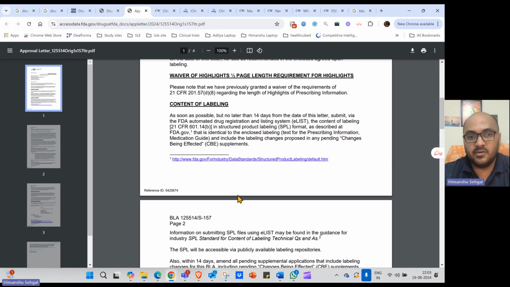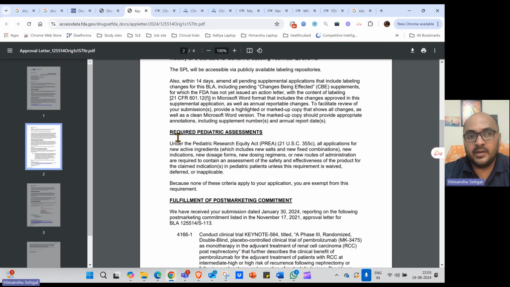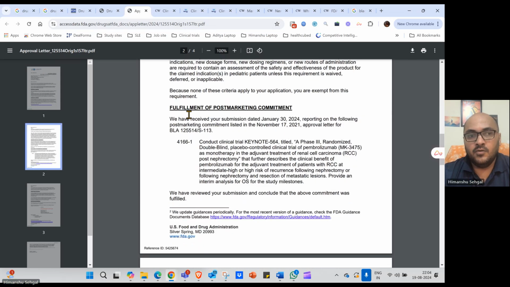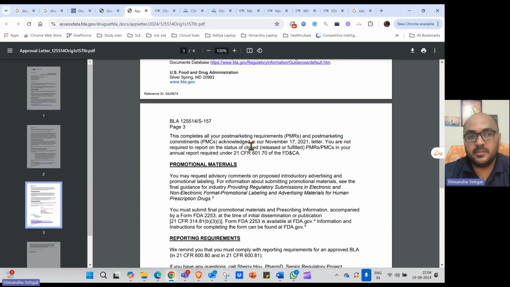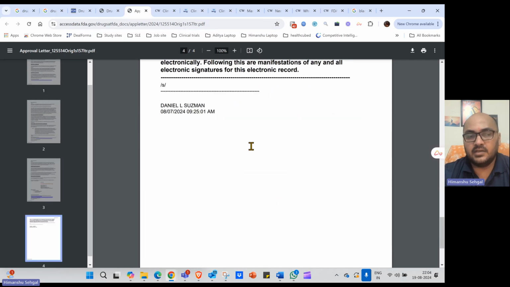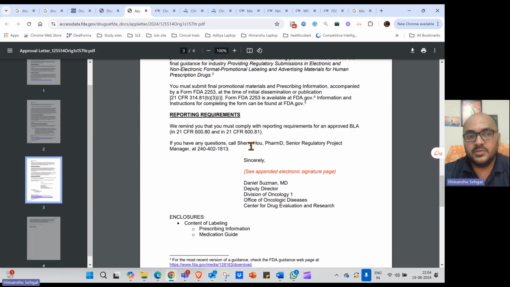So you can read about the required pediatric assessment, post-marketing commitments, and all these details are there in this letter.